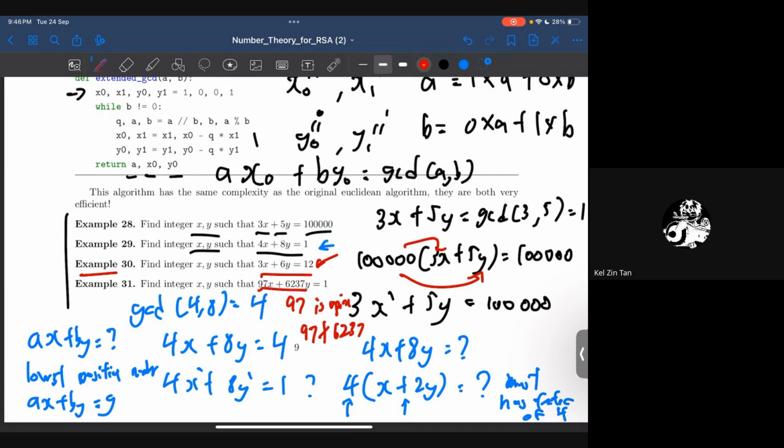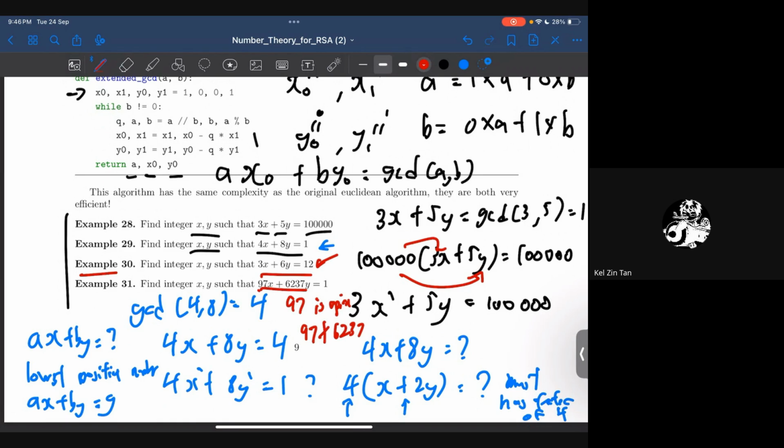Usually it hides, but if you see something like a multiplied by x plus some b multiplied by y equal to something, then you can just use the extended Euclidean algorithm to solve this. The extended Euclidean algorithm can help us check whether it's valid and also give us a solution.